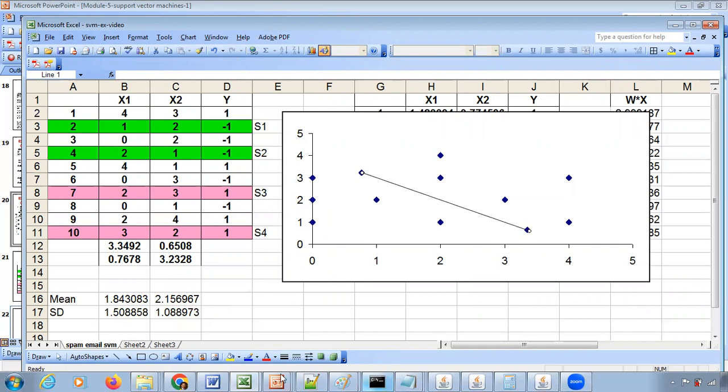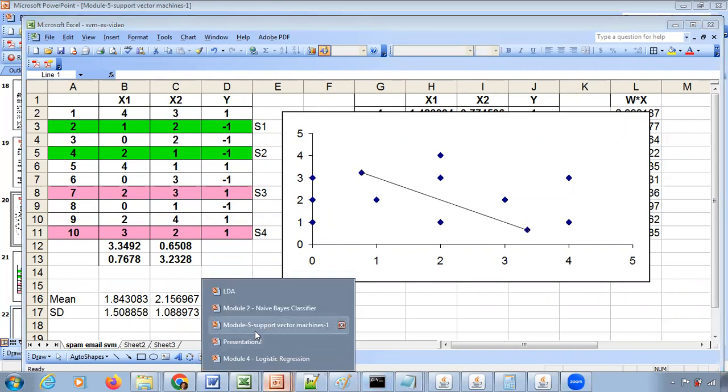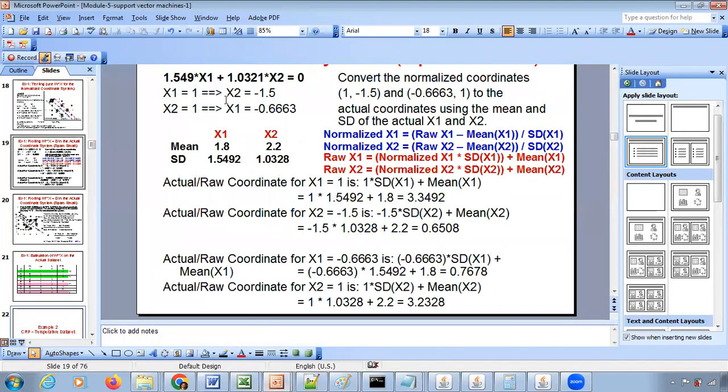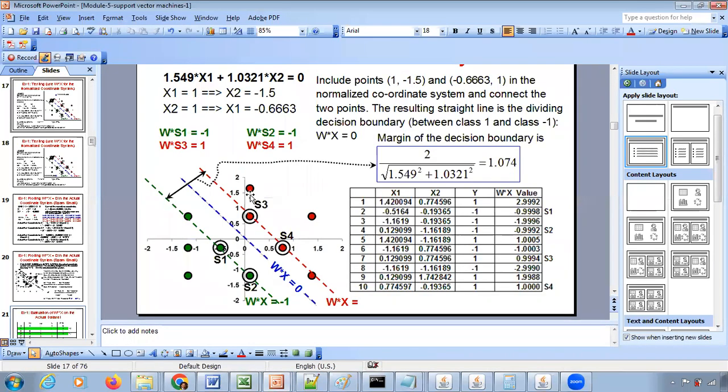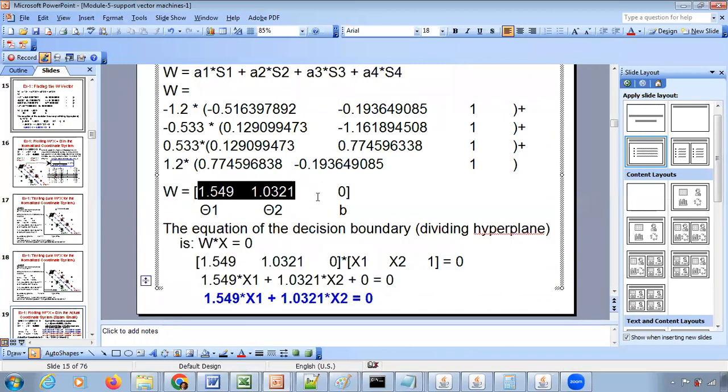Now, the W vector that we found so far and used in our calculations is only for the normalized coordinate system.